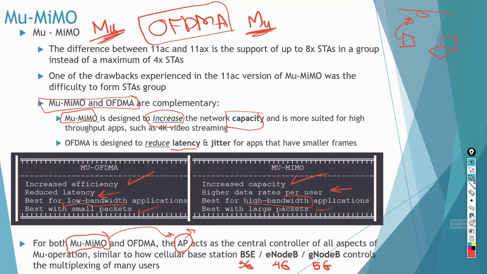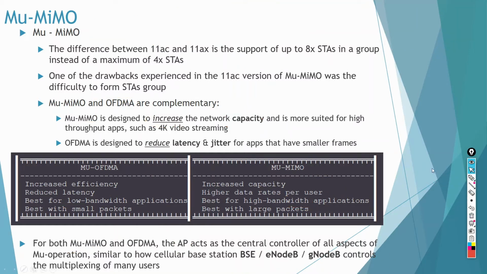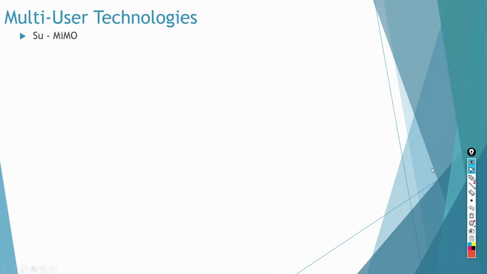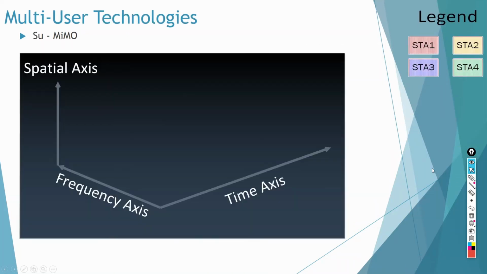Good. Let's clear things and move to the next section. We are going to show how these multi-user technologies work together by plotting over a time axis, a frequency axis, and a spatial axis.